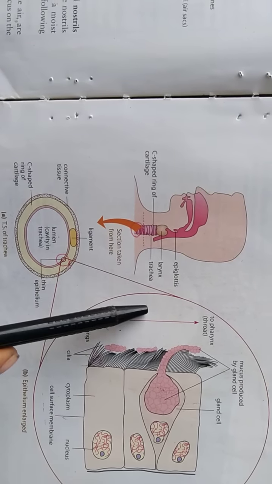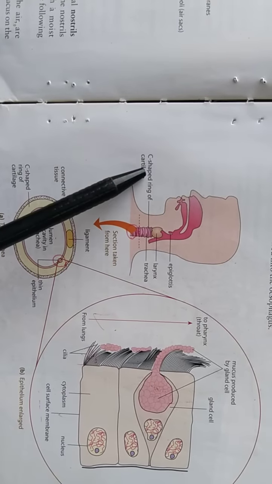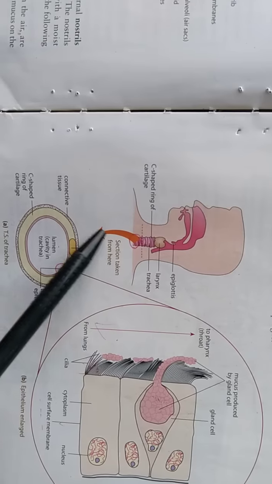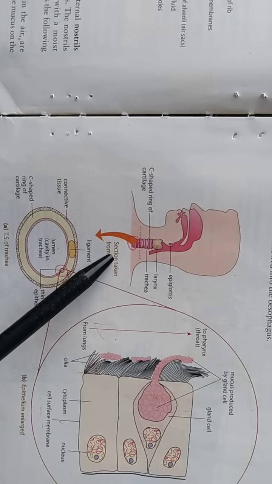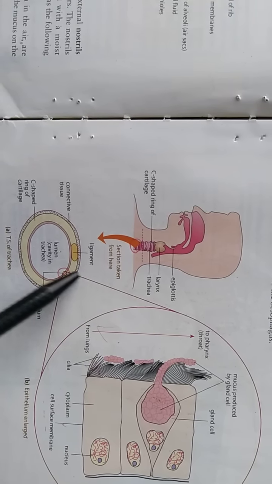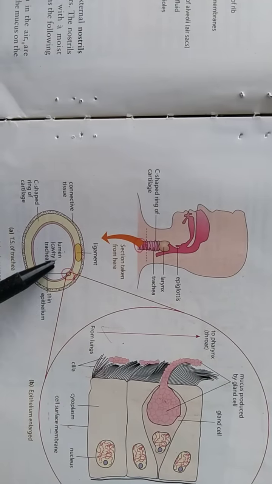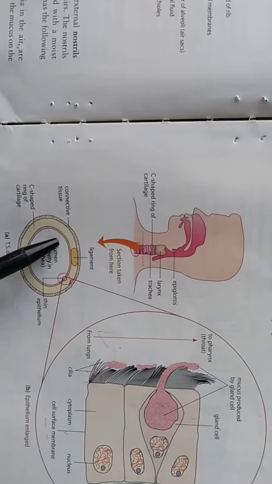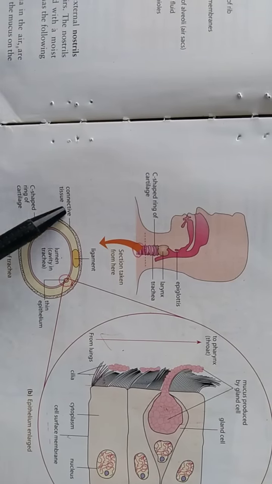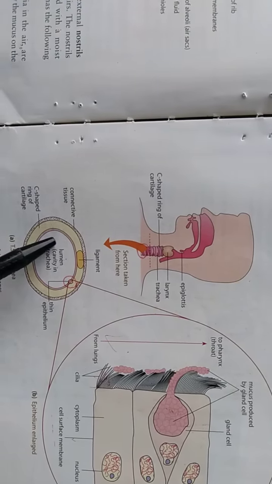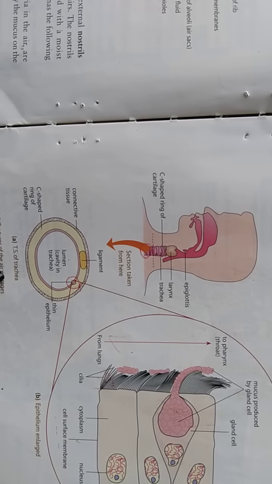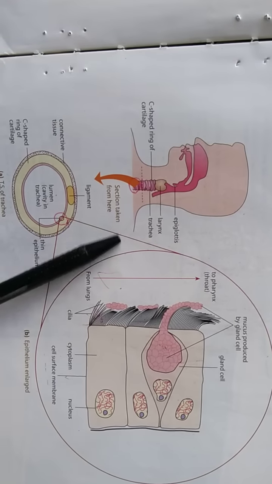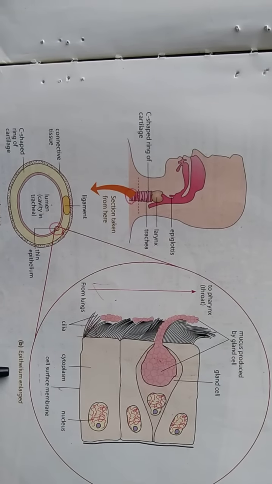Epiglottis, larynx, trachea, C-shaped ring of cartilage, and the downward parts are further seen in an electron microscope section taken from here. Ligaments, thin epithelium, lumen or cavity of the trachea, connective tissue, C-shaped ring of cartilage, TS of trachea. Now there is another discussion, and here the epithelium is enlarged.